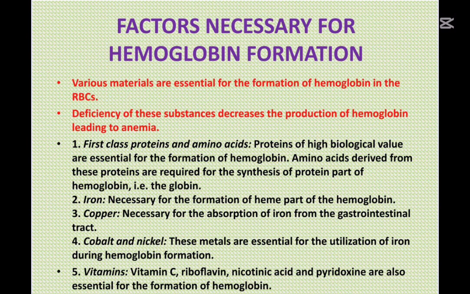The first class protein and amino acids are the ones that donate the plasma proteins, the globulin. So heme plus globulin forms hemoglobin. You get it now? So the globulin is very, very important. The globulins are the plasma proteins that get fused with iron. Iron is gotten from the diet. So when it gets fused with iron, it forms hemoglobin.